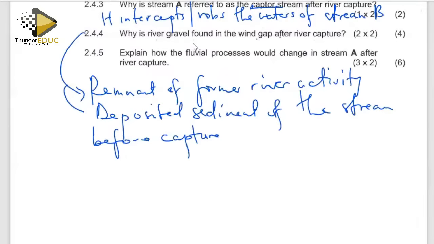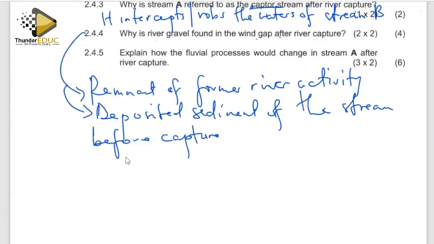And also it's evidence of the presence of a former river in that area. It's also an indication of stream piracy in simple terms. It indicates that stream piracy has taken place in that area, because this is a remnant of the activity of the river, and it shows that it's deposited material which was once deposited when there was still an active river before the stream piracy took place.